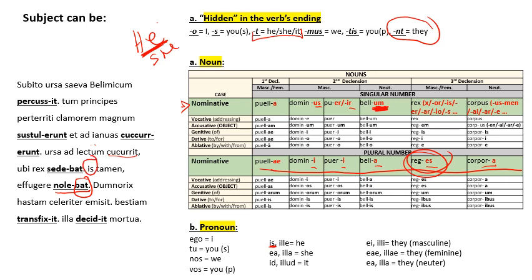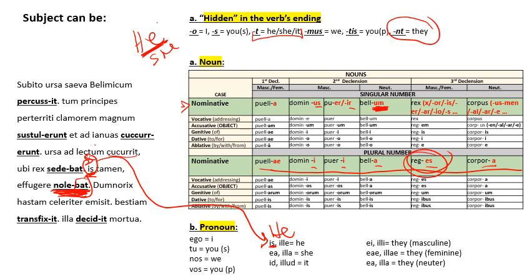And is means he. So I'm very lucky. I found it. This is my subject. It is a pronoun and it means he. So it translates he didn't want to, or he was not willing to, because nolo means I'm not willing to.